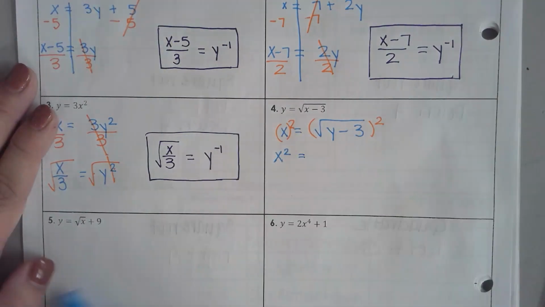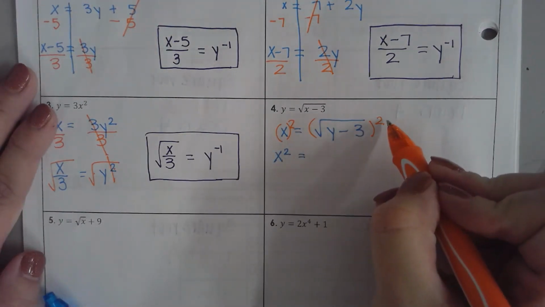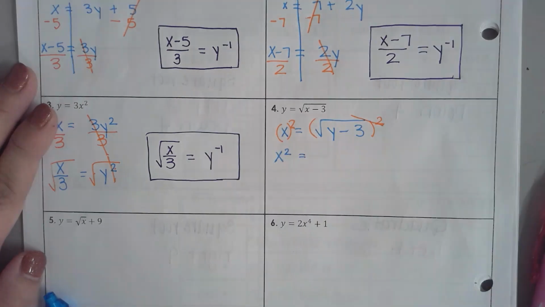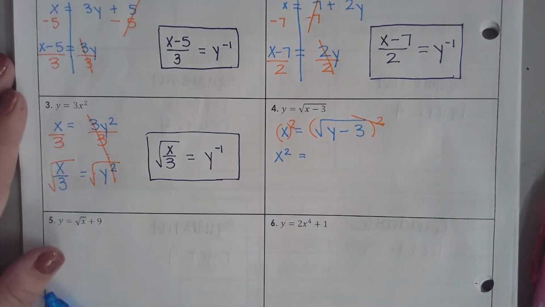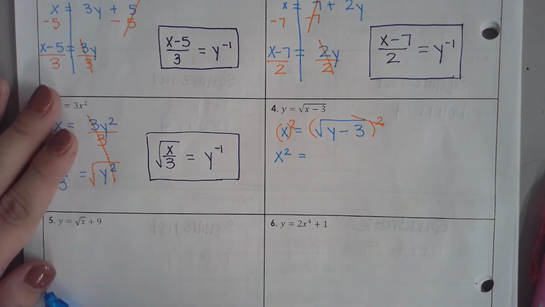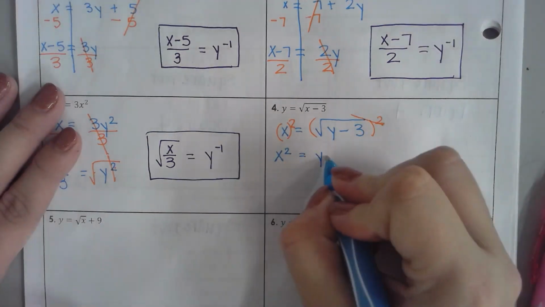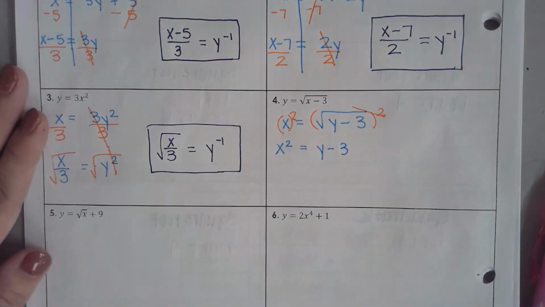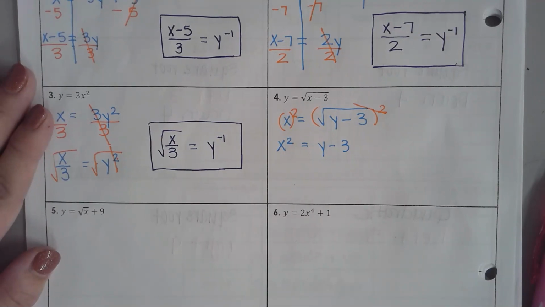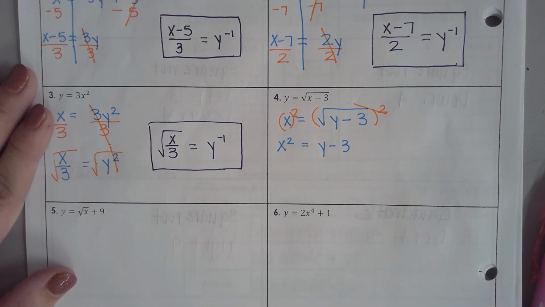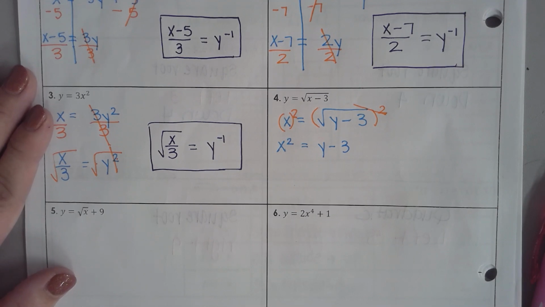Now on this side, an exponent of 2 and a square root symbol cancel each other out. So I'm just left with y minus 3. Is y by itself? Nope.